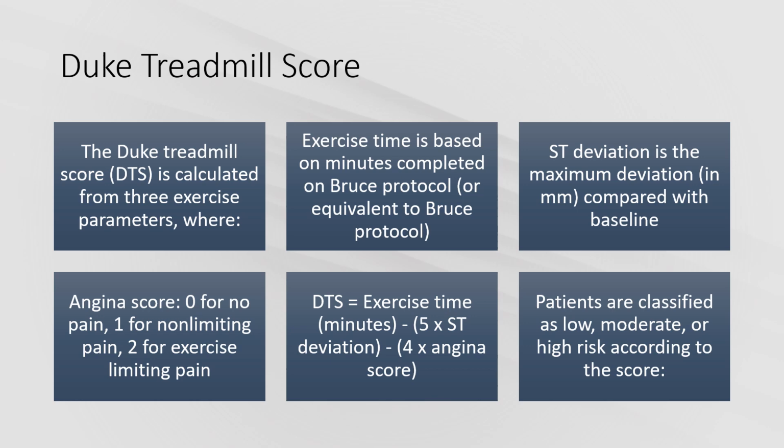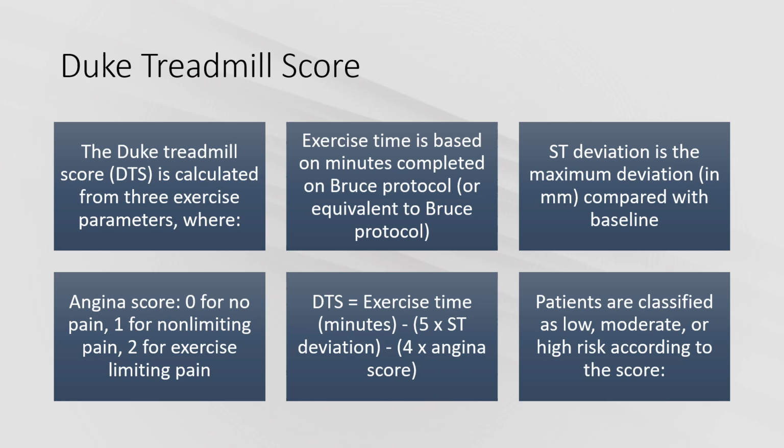For a patient who does not have any ST segment depression or any chest discomfort, the Duke treadmill score is directly equal to the number of minutes on the treadmill on a Bruce protocol. So if I were to walk 7 minutes on a standard Bruce protocol, have no chest discomfort, and no ECG changes, my Duke treadmill score would be 7.